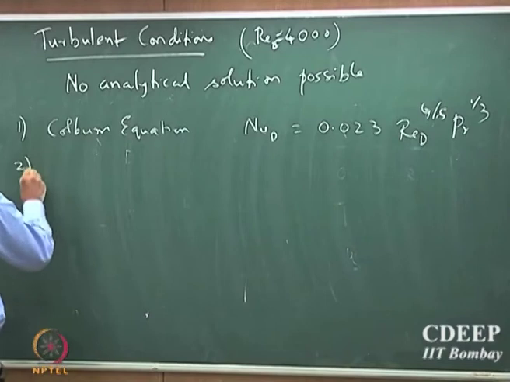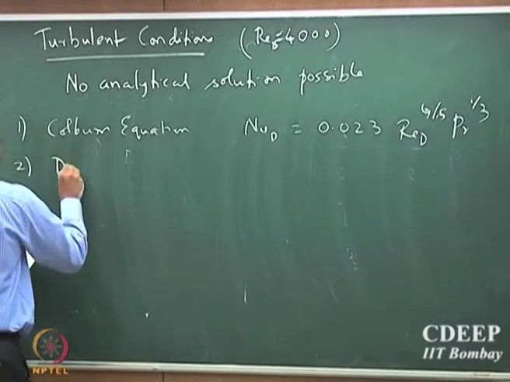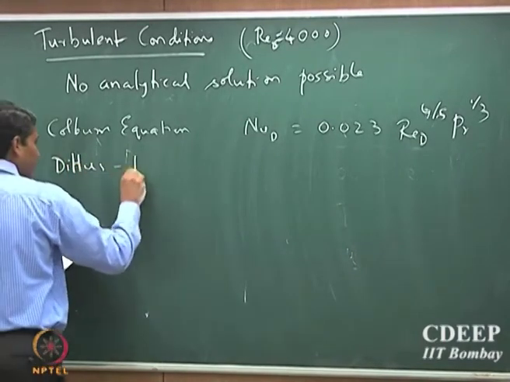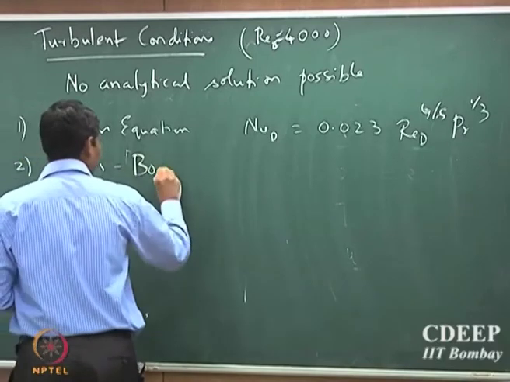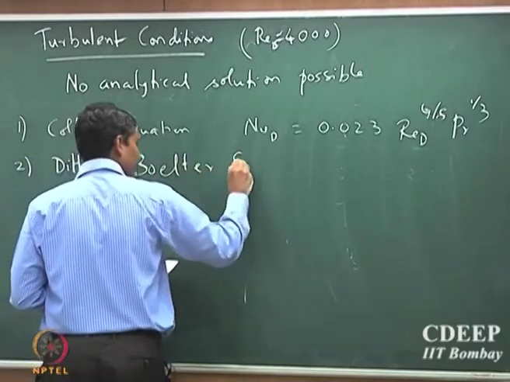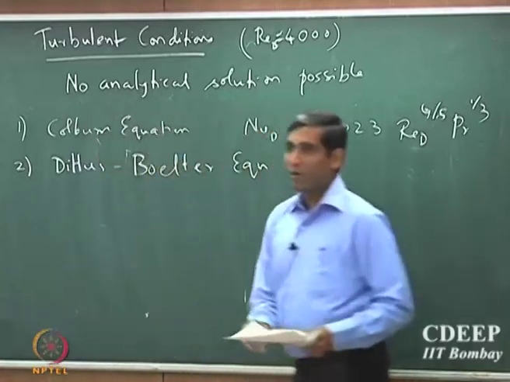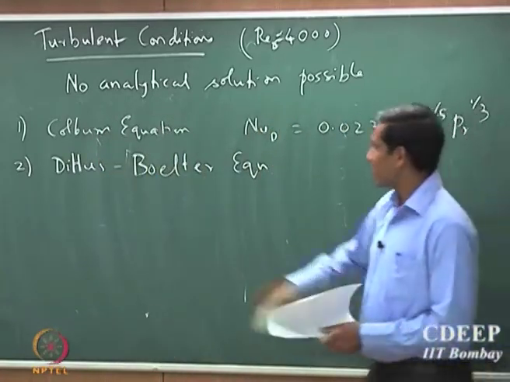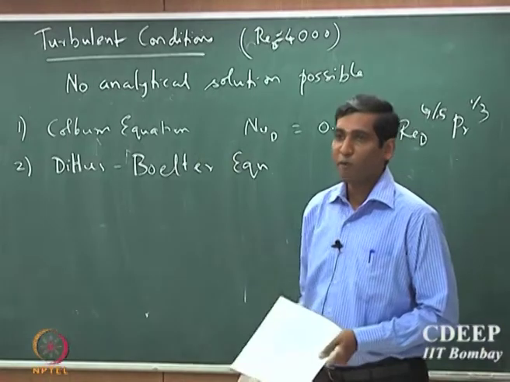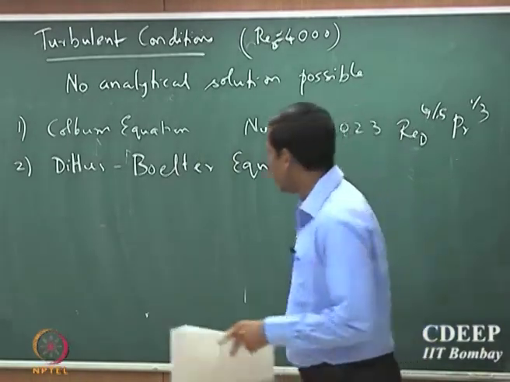And a general correlation is called the Dittus-Boelter equation. This is something which is very widely used, and you must have seen this in your turbulent flow experiments, those who have already performed it.